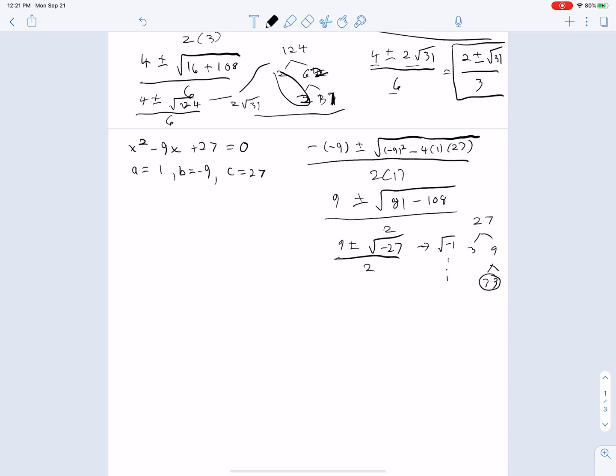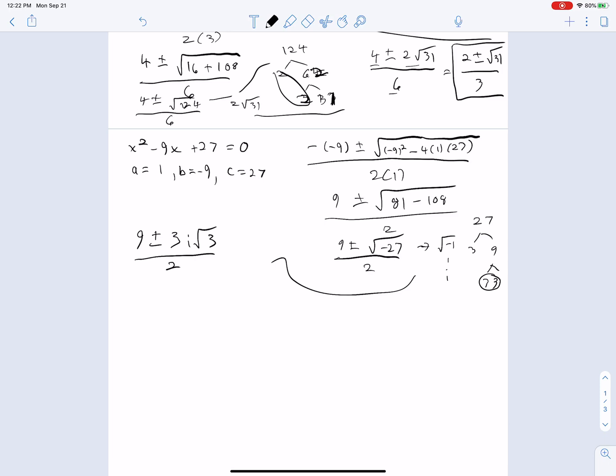So we have a pair of 3's here, which means we can pull out a 3, and we can rewrite this whole thing as 9 plus or minus the square root of 9 is 3, the square root of -1 is i, and that leaves us with a square root of 3. And that all still remains divided by 2.